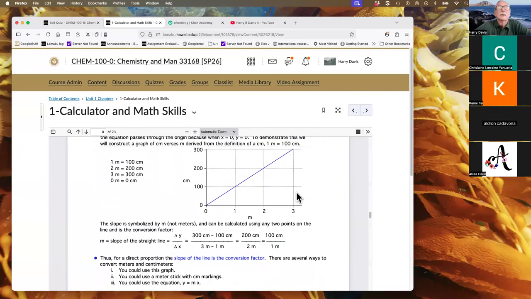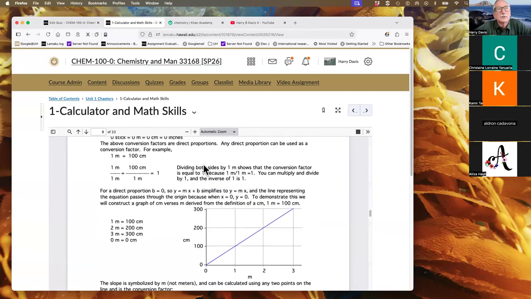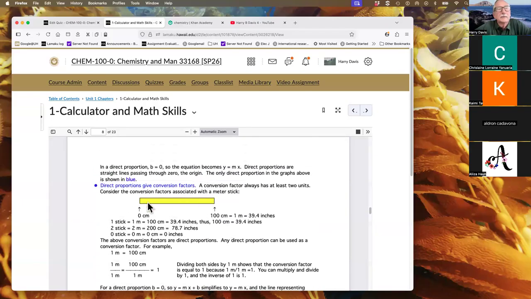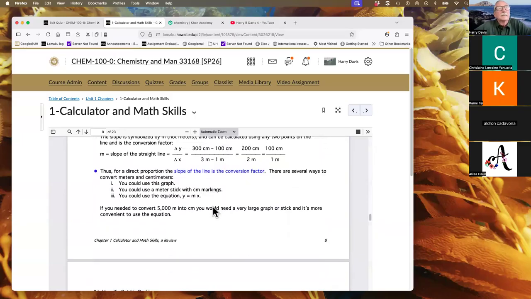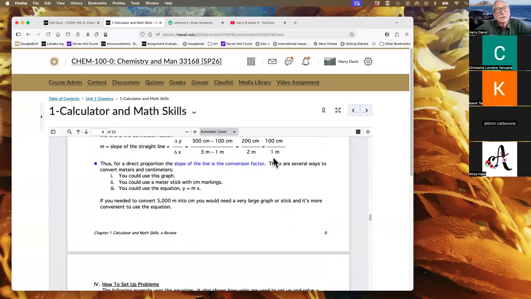So in other words, I can use this conversion factor to convert between meters and centimeters. I could also use this stick right here. And because it's a direct proportion, I can use the equation for that: y equals mx plus b, and b is 0.